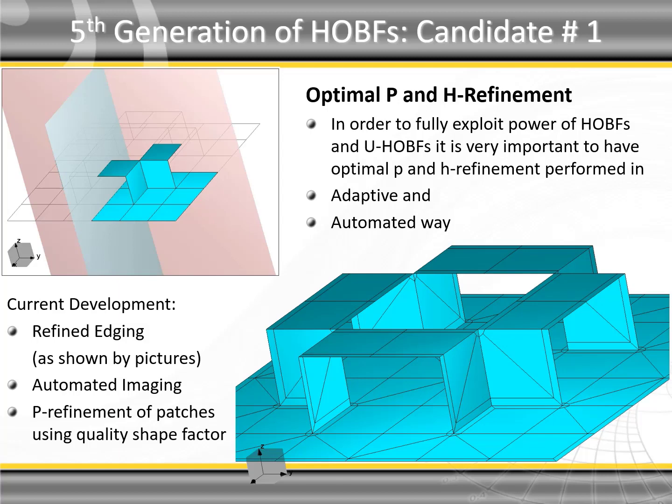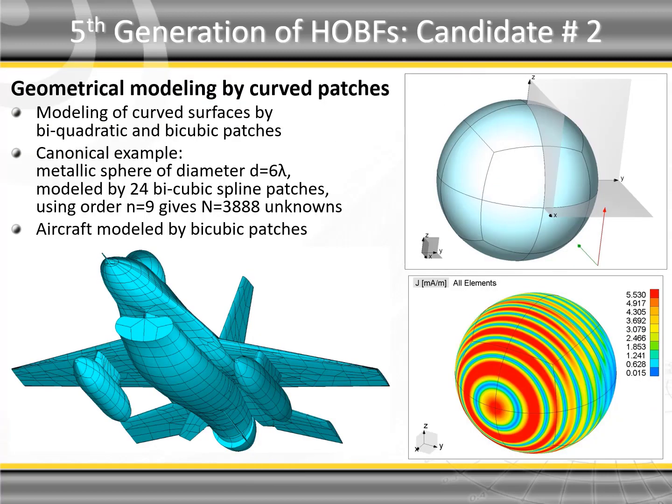An example of refined edging is shown in the picture. Power of high-order bases cannot be fully exploited if curved surfaces are modeled with bilinear surfaces. Hence, we are working on EM modeling that includes biquadratic and bicubic patches.